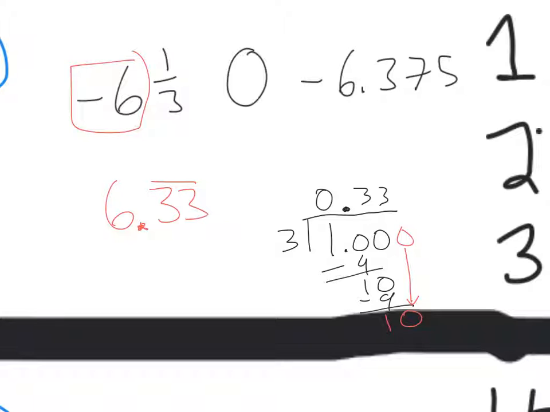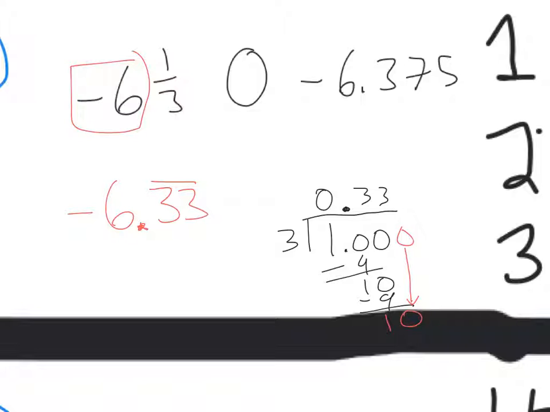And now we can compare negative 6.333 repeated and negative 6.375. And since we start from left to right, this 3 is the same as this 3, and this 3 is less than this 7.